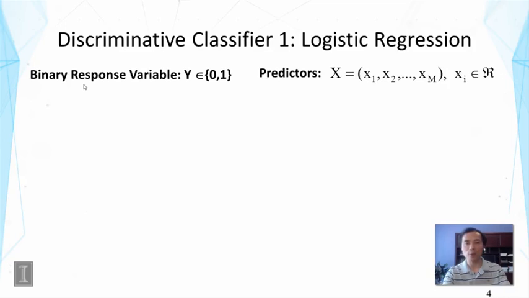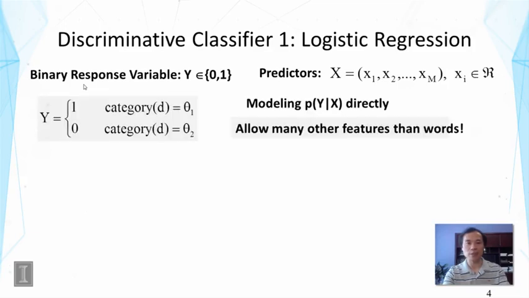So x is our input. It's a vector with m features, and each feature has a value x_i here, and our goal is to model the dependency of this binary response variable on all these features.